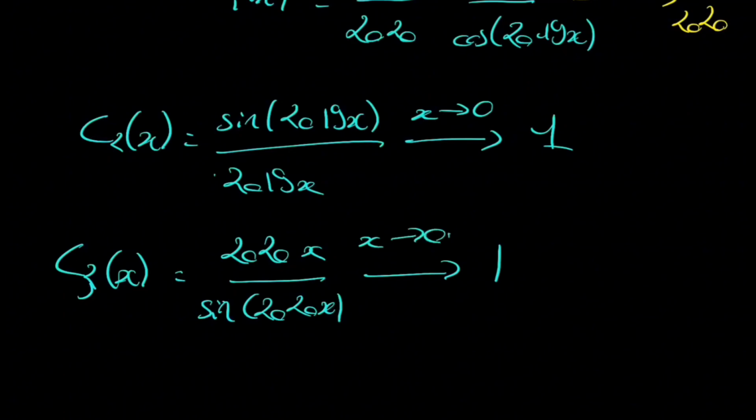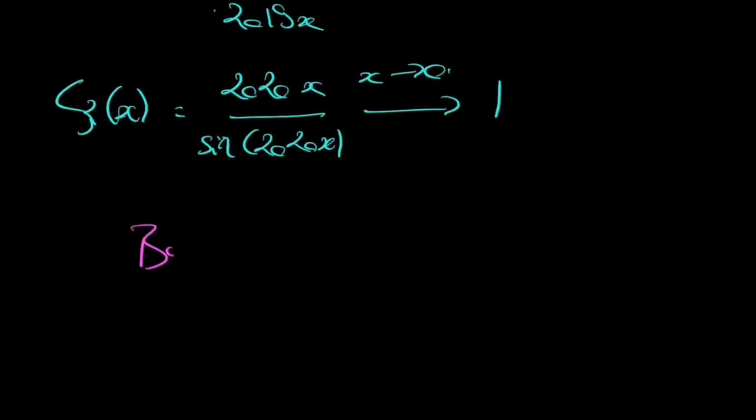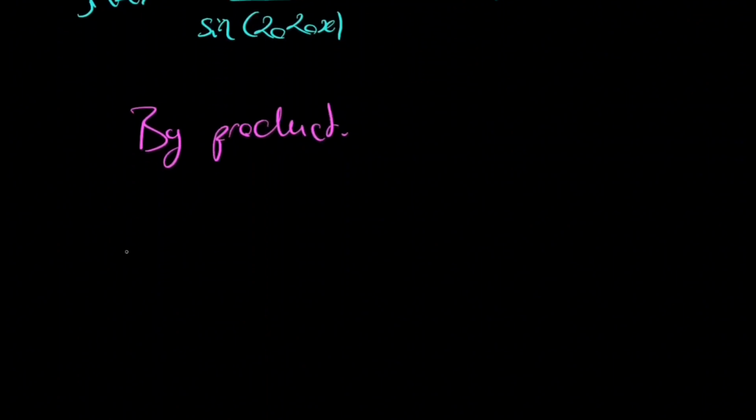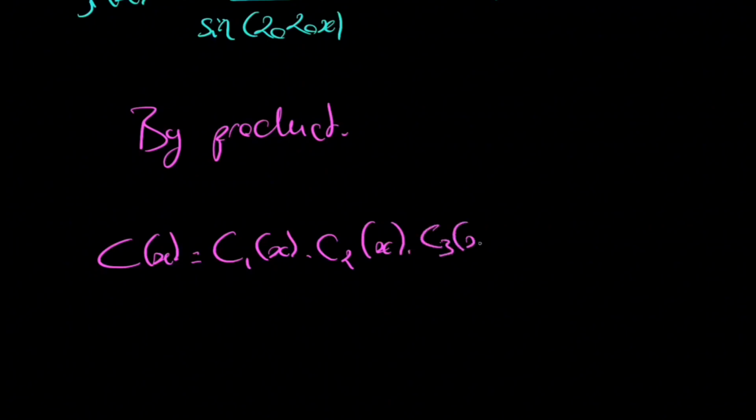And in conclusion, by product, we've got c of x equal to c1 of x times c2 of x times c3 of x.